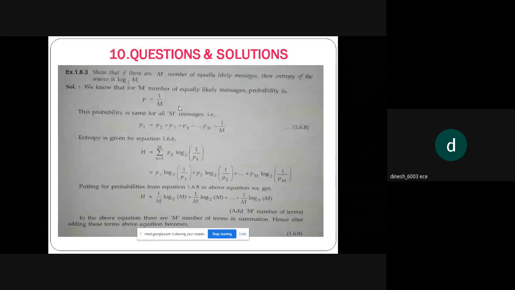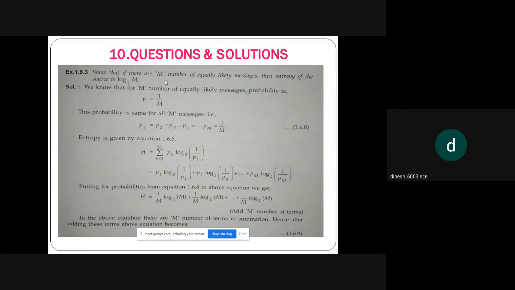So P of 1, P of 2, P of 3, P of 4, P of 5, P of 6, P of 7 till P of m, for all of them we will have 1 by m only, since the number of equally likely messages is m.